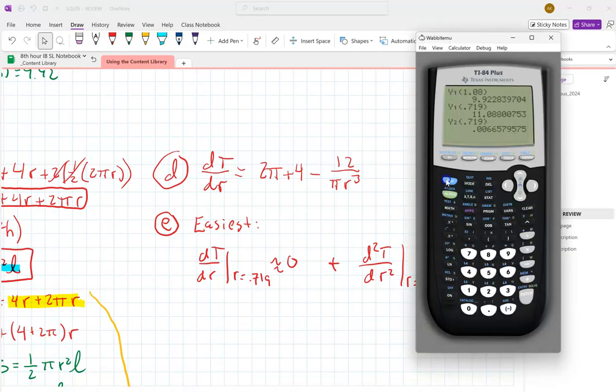And then y3 is my second derivative. I'll just do the same thing, and I have a positive value there.